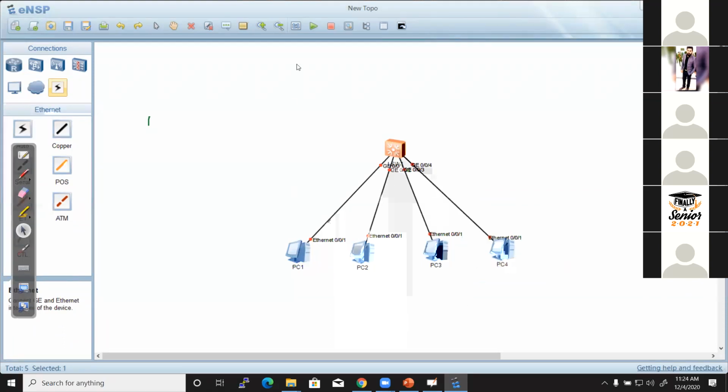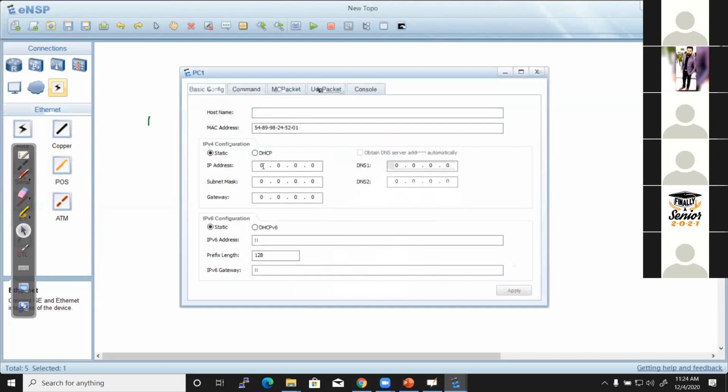And let me just start the devices. We need to assign the IP addresses. I'm going to assign IP addresses from the same network, for example, 192.168.1.1 and the subnet mask, and there is no need to assign the gateway right now. To PC2, I will assign 192.168.1.2 and the subnet mask.